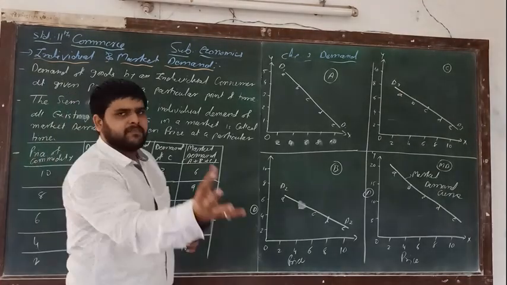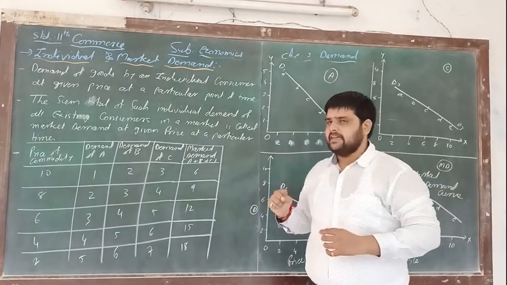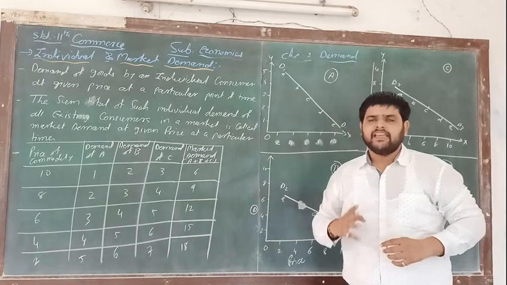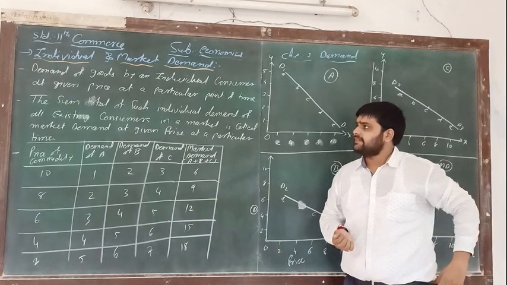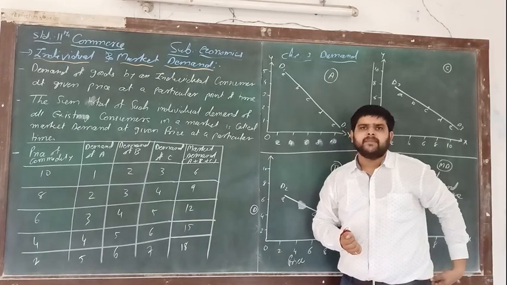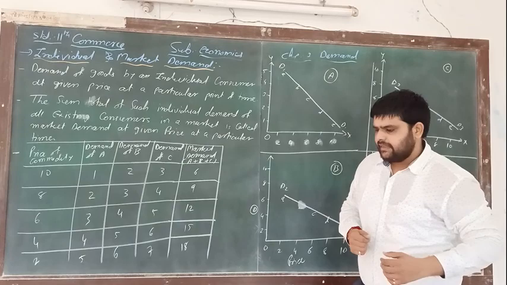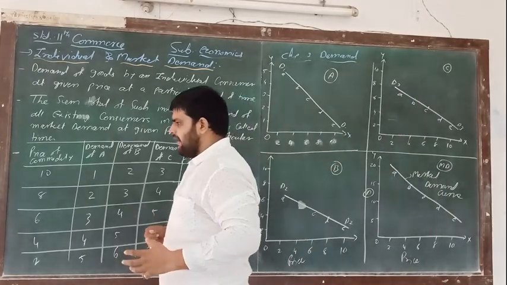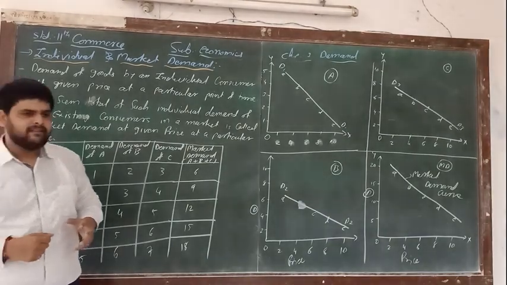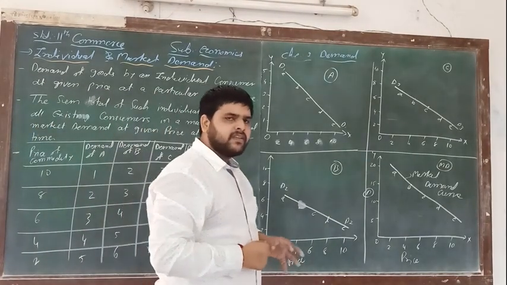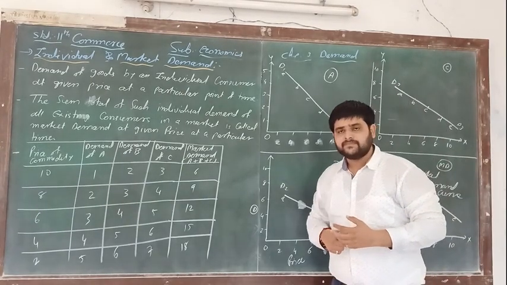Okay, so after the completion of the first topic, expansion and contraction as well as increase and decrease in demand, the next point is individual as well as market demand. This is also a very easy point for us, as we already use those two words in our routine life: individual, per person, a single person, or market demand.